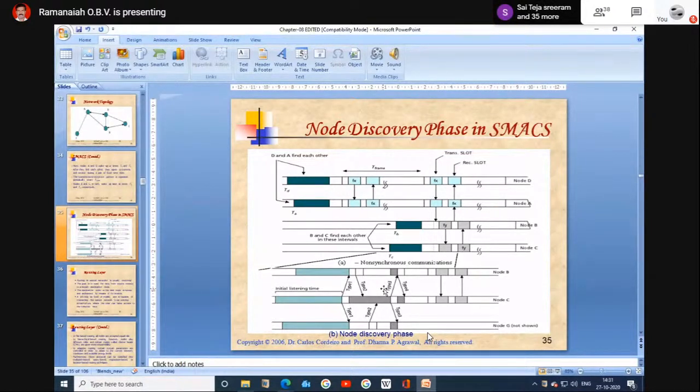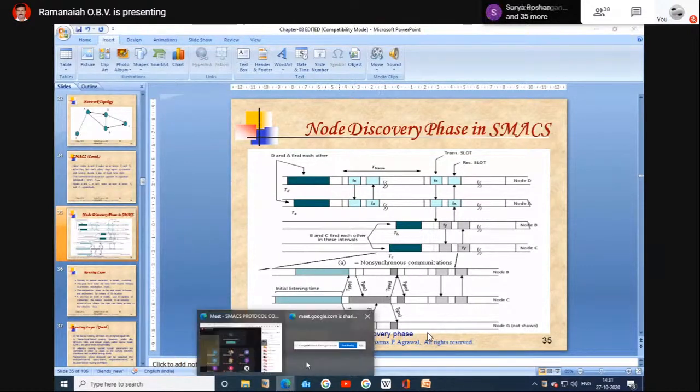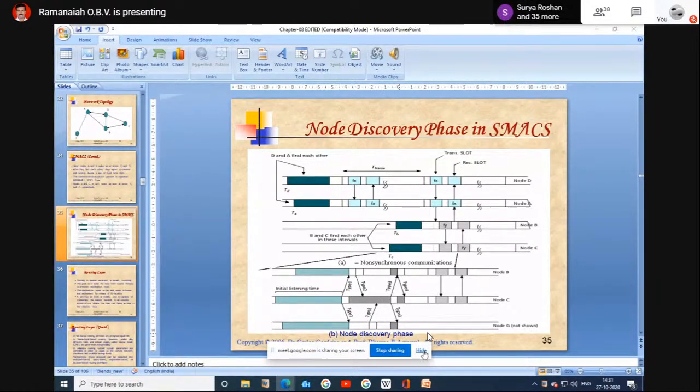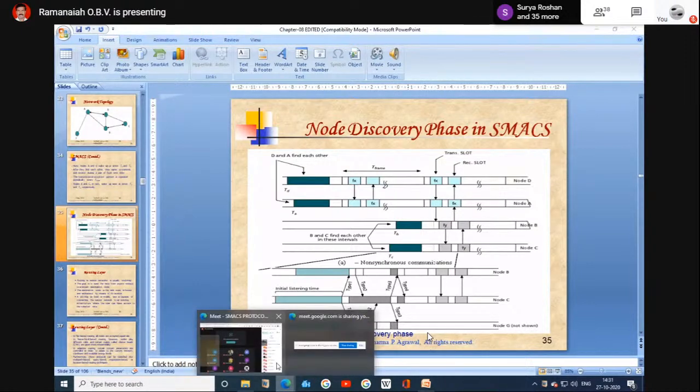Sir? Yeah, please. In the node discovery phase, you told that they exchange the type 3 control message, change schedules. The question is not clear, probably poor signal. Is it possible to send a chat message? Is chatting possible?